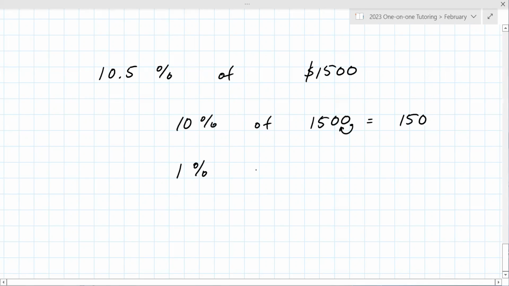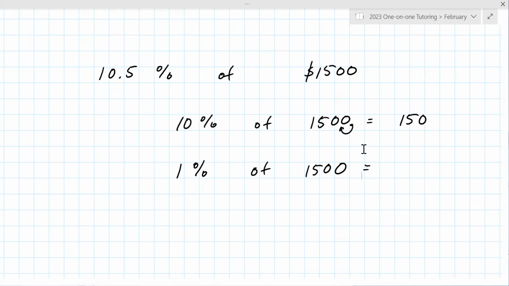What is 1% of 1,500? So you're dividing that by 10, yeah, 150 divided by 10 is 15.